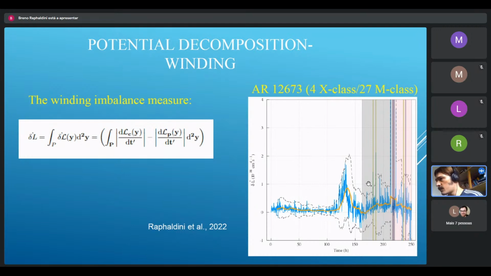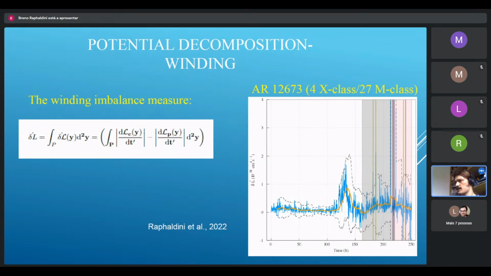Here we show only a few of the most intense M-class flares because there are so many. And the X-class flares are here in purple.